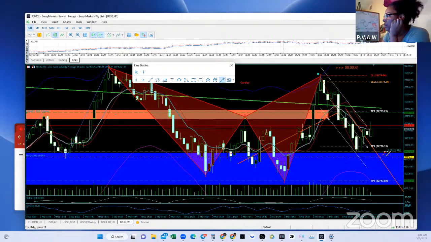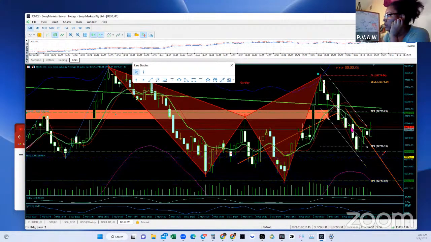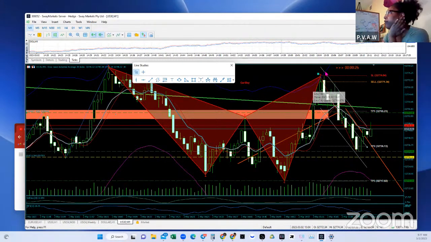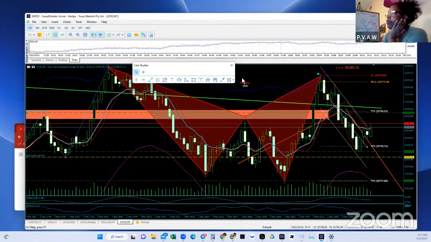You will be securing like 34, 35 pips. Yeah, you'll be securing about 35 pips, which is the average pips a person likes to get per day, 30 to 35 pips. So once the market decides to go back up, secure your profit at 32733.28 from the entry I got you guys.